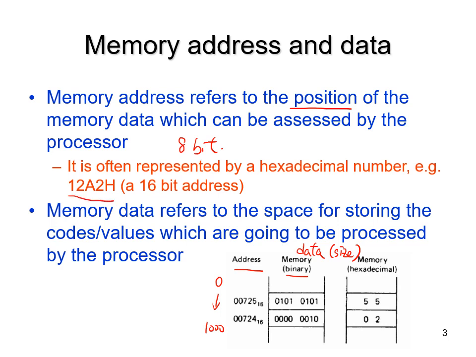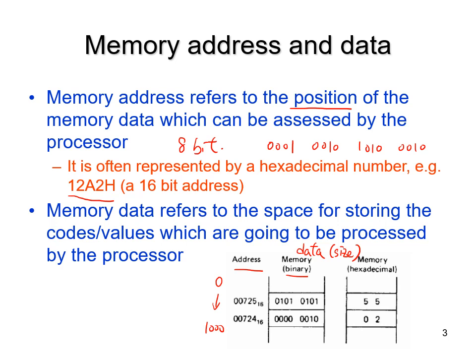For example, you have 1282. The reason we use hexadecimal numbers is that they can easily be converted into binary numbers. For example, 1282 will become 0001, 0010, 1000, and 0010.